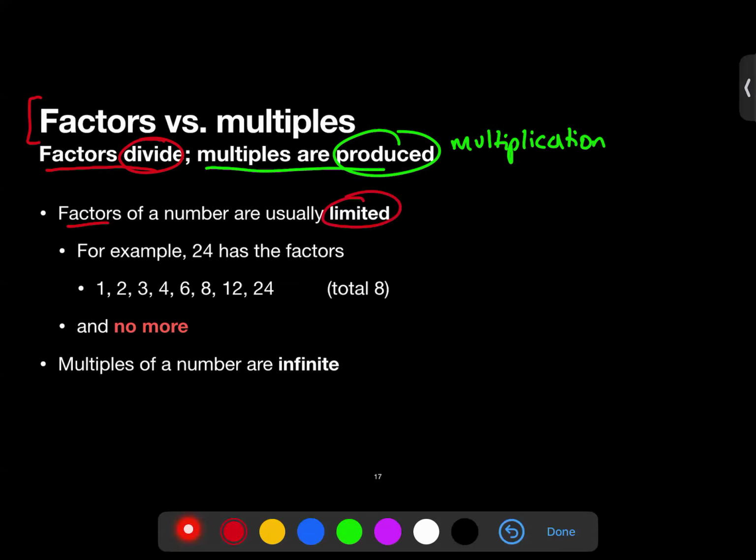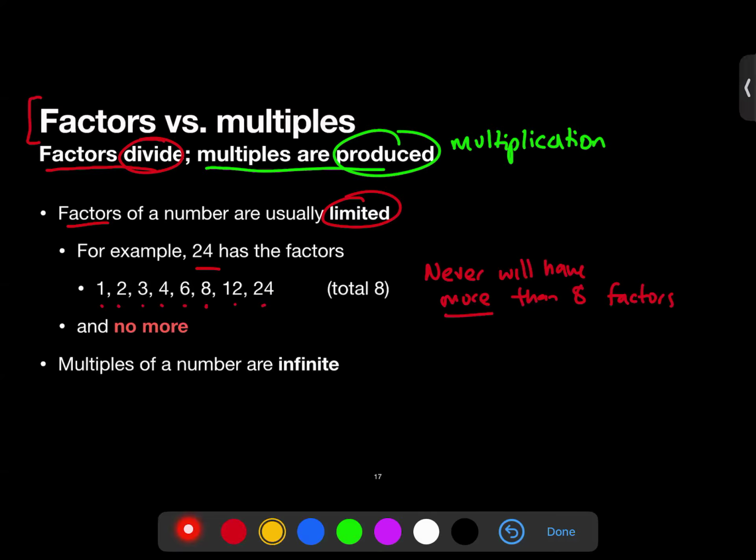For example, the number 24 has only 8 factors, right? 1, 2, 3, 4, 6, 8, 12, 24. So it will never have more than 8 factors. So it's limited at 8.